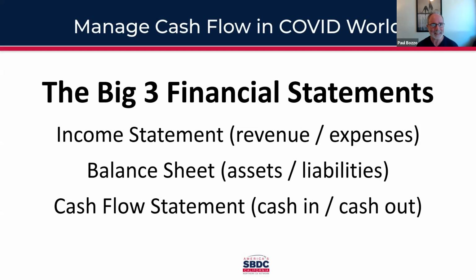That's the heart of your business, shown in the income statement. The balance sheet talks about assets and liabilities. It's an important consideration to understand what you owe, what you own in terms of assets, and also the timing of that.